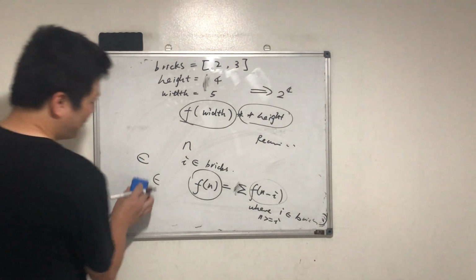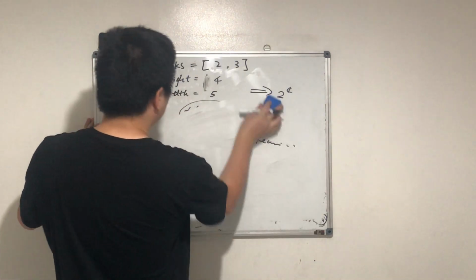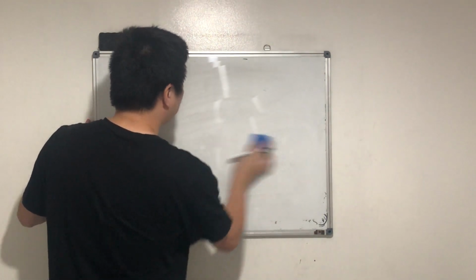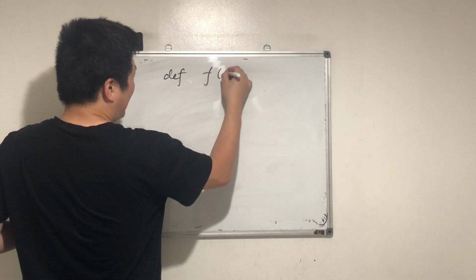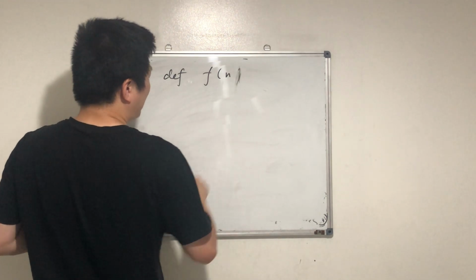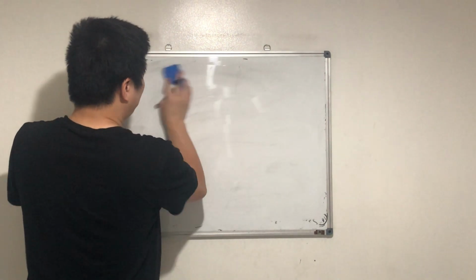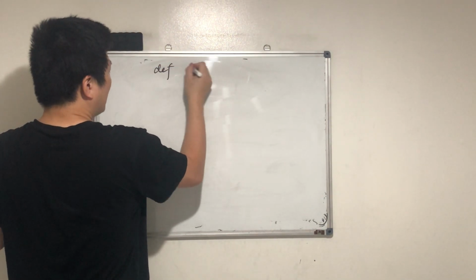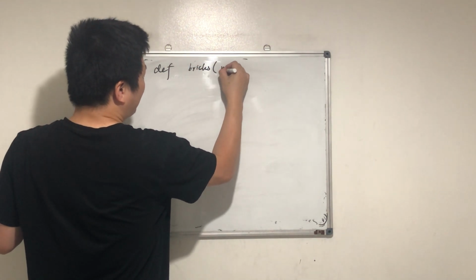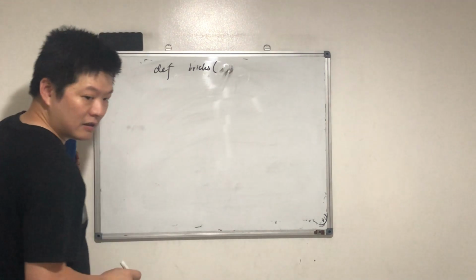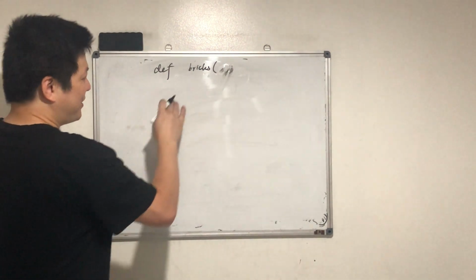Okay. So let's talk about the top down. And you tell me what to write. Define Fn. Maybe we write it. Let's say the bricks. With the bricks we have. Cache. Not yet. Bricks.